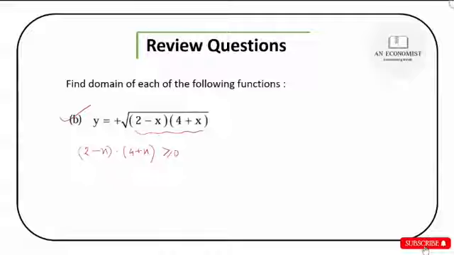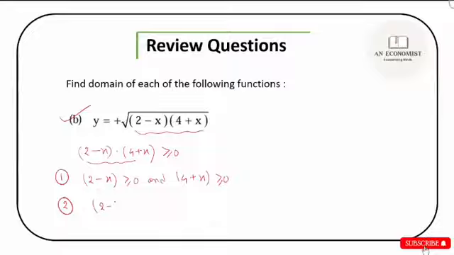Now there are two possible cases which make this expression greater than or equal to 0. First case could be both the expressions are individually greater than or equal to 0, and there is another way, they both are less than or equal to 0.